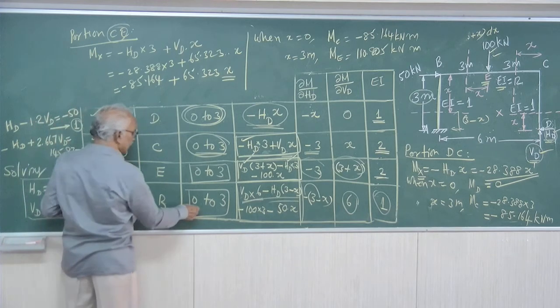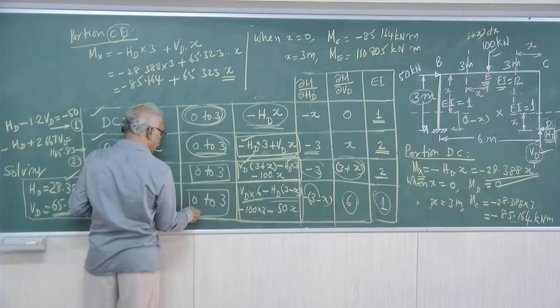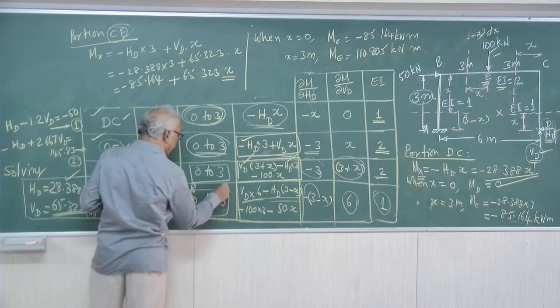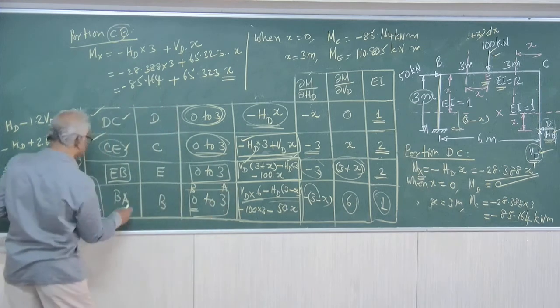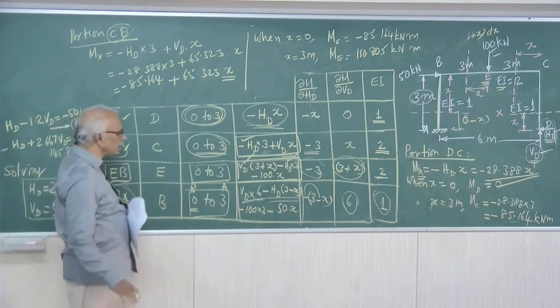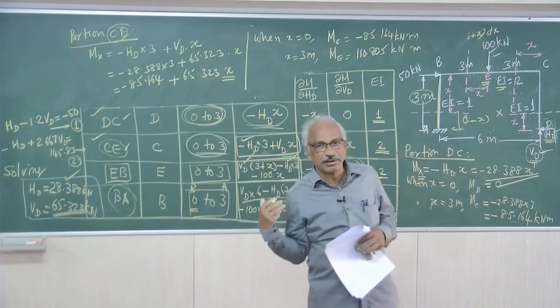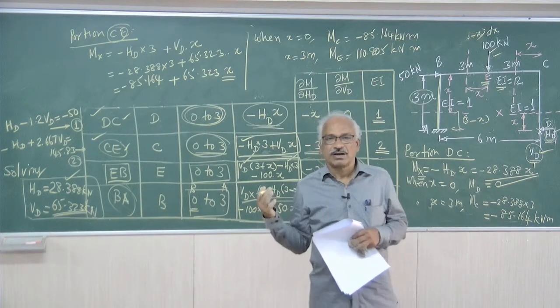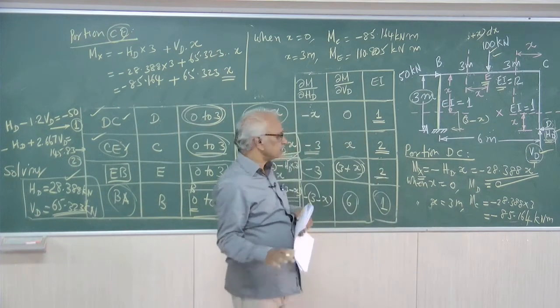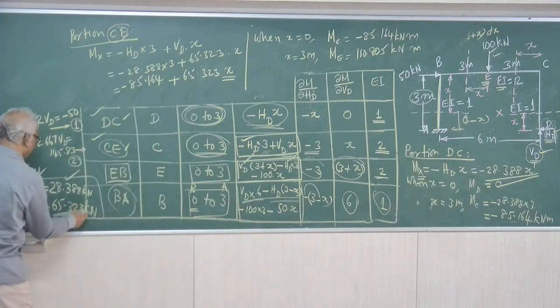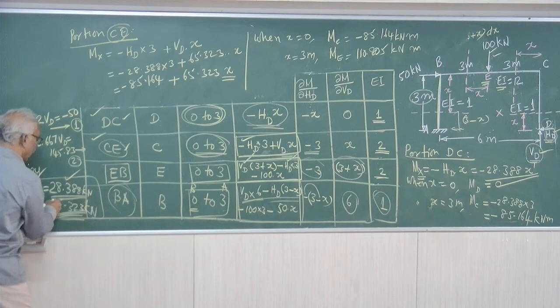So, substitute x equal to 0 and 3. X equal to 0 means we are at the point B. X equal to 3 means we are at the point A. So, that is for the portion BA. In all these cases, you have to take the Mx equation from the table, then substitute the values of Vd or Hd, whatever is required.